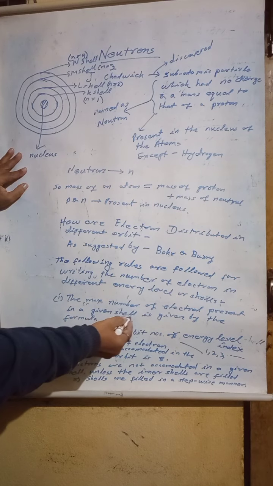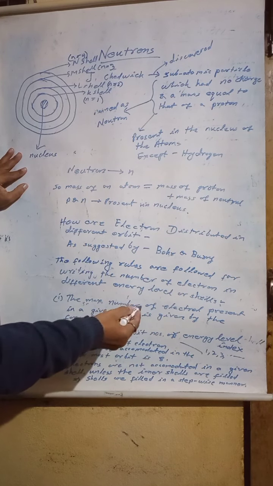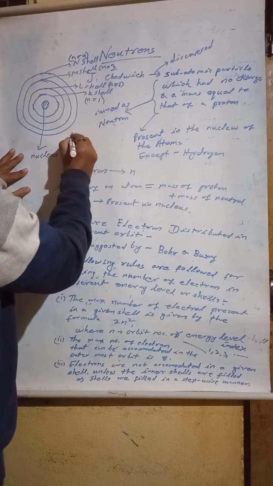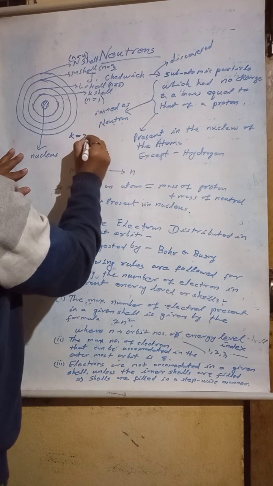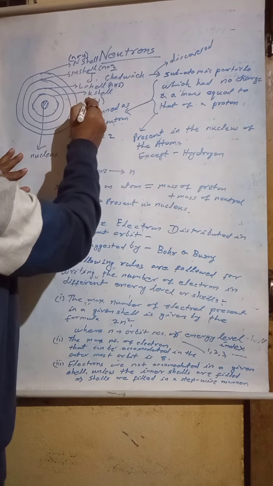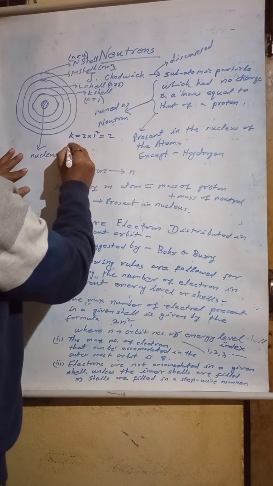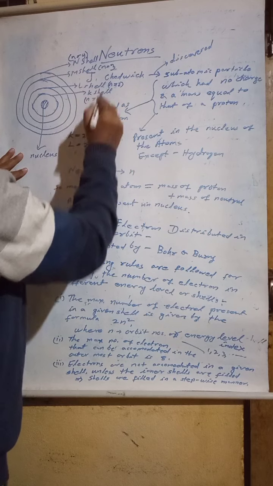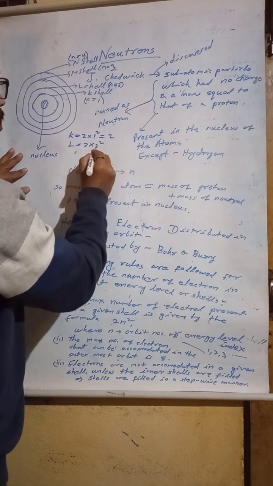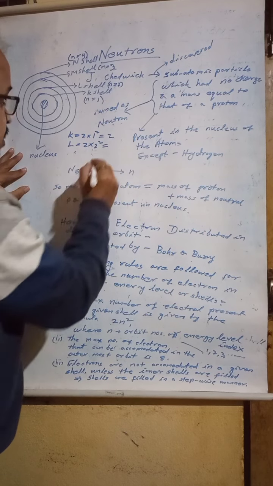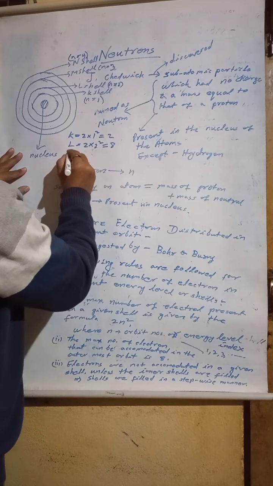So, what is the formula for the maximum number of electrons present in a given cell? Here 2n square. In K, how much? 2 into 1 square equal to 2. K has n equal to 1. In L cell, 2 into 2 square, 4, 4 into 2, how much? 8.